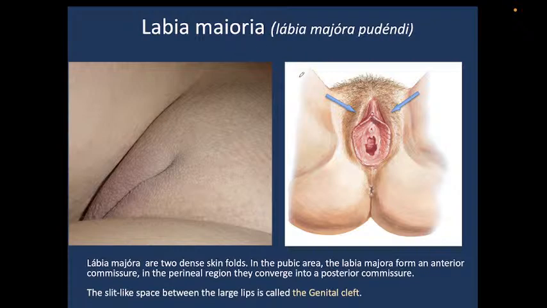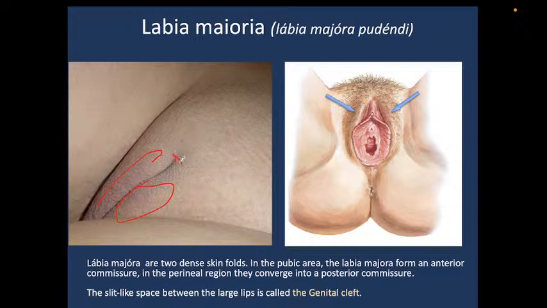This is labia majora. Labia majora are two skin folds, right and left labia majora, located of course in the pubic area. They form an anterior commissure here.